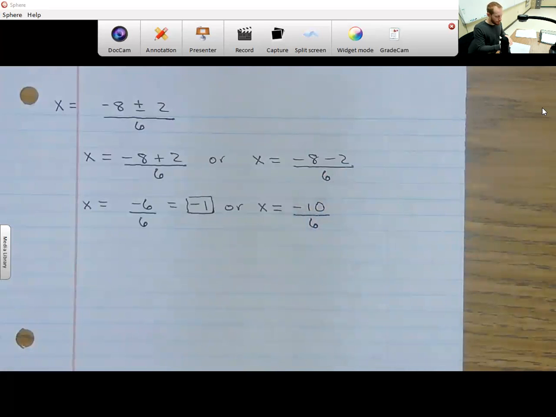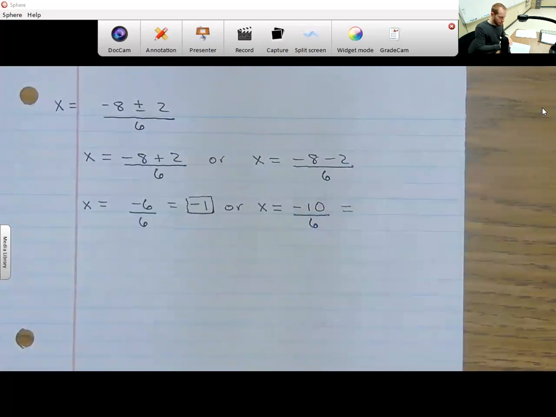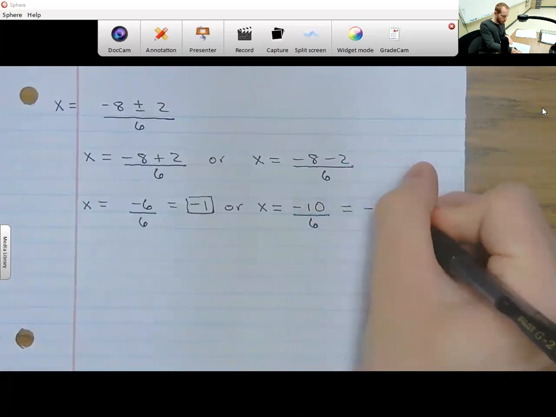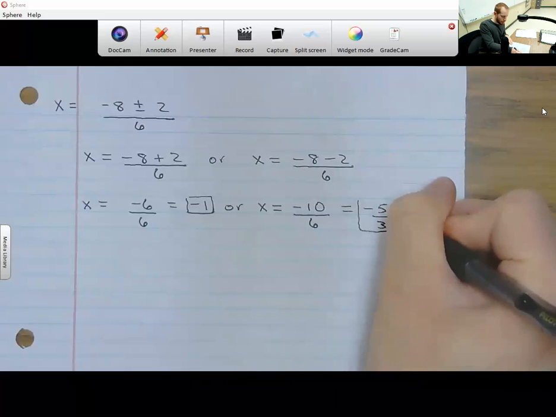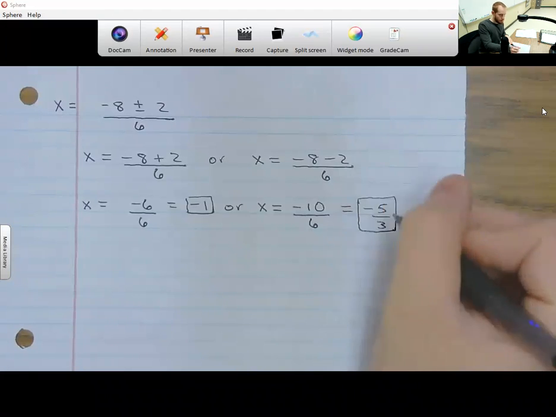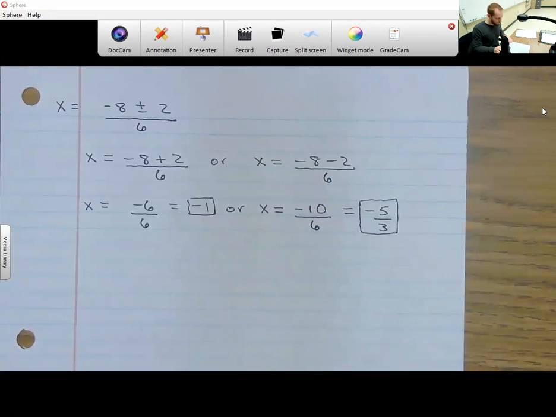So this is going to be a fraction or a rational number. Okay, I can divide everything by 2, so I get -5 over 3. So that's going to be my second answer. There we go. We just had to reduce that fraction.